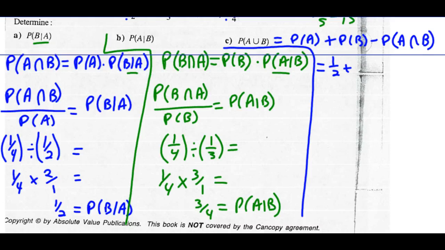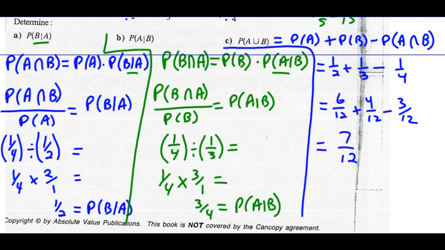The probability of B, we're told that is 1/3, minus the probability of A and B, which we're given as 1/4. So 1/2 plus 1/3 minus 1/4, 12ths. So 6/12 add 4/12 minus 3/12, 7/12.